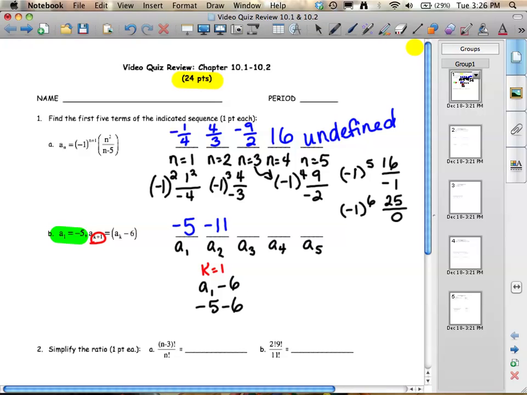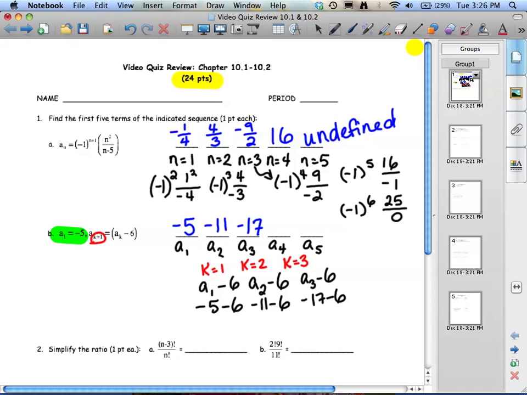If we want to talk about A sub 3, K would need to be 2. So it's asking you to do A sub 2 minus 6, which is -11 minus 6. It's recursive. You need the term before to figure out the next term. K is 3, and that gives you A sub 4. So I'm figuring out A sub 3 minus 6, which is -17 minus 6.